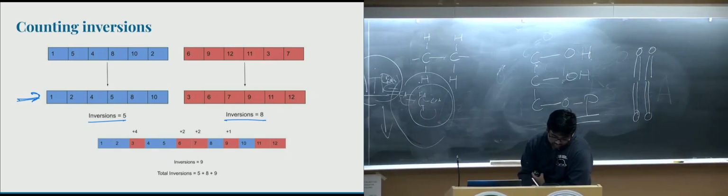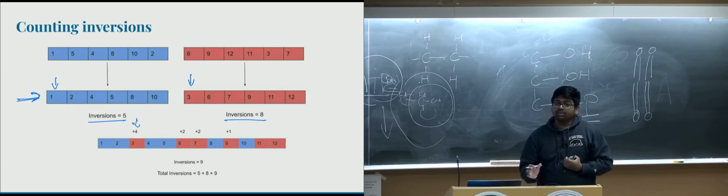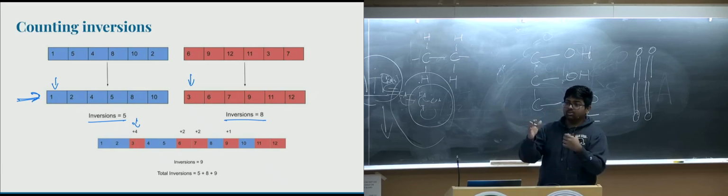Let's look at these arrays. This 3 will be moved to this position, and we calculate by what amount it is moved. Here, 3 is getting moved by 4 units to the left, so the number of inversions from it in the merge step is 4.